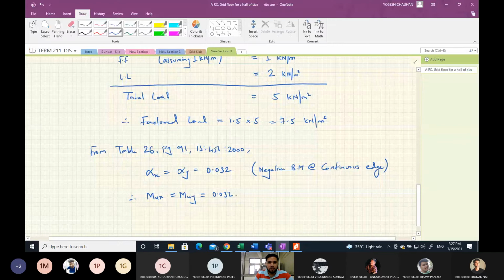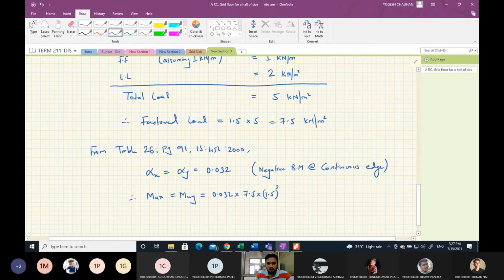So it is 0.032 into w, which is 7.5 here, into lx square, that is 1.5 square. So this will be 0.032 into 7.5 into 1.5 square, that is 0.54 kilonewton meter, is the moment.